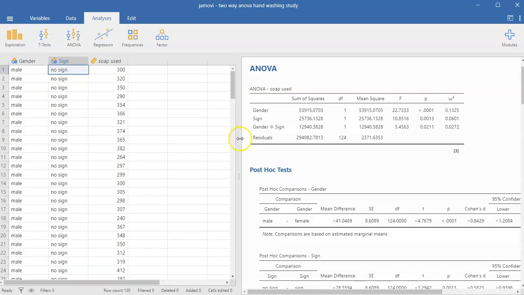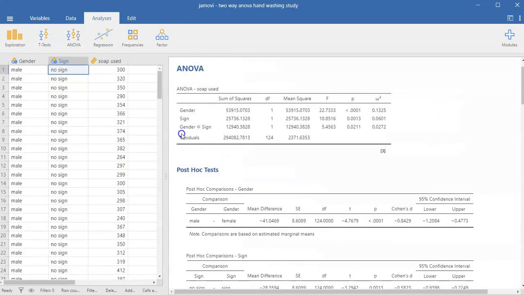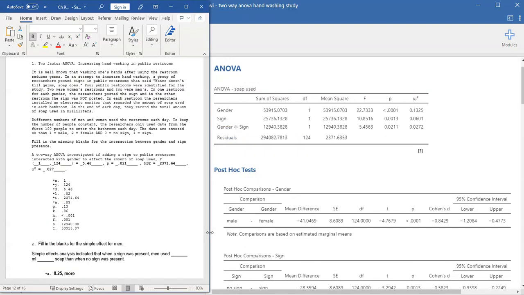Now I'm going to try and fit as much as I can on my little screen here. The first question asks us to just find the statistical information for the interaction. So you're going to find this information by looking at this ANOVA source table up here. The numbers in the parentheses are always the degrees of freedom.